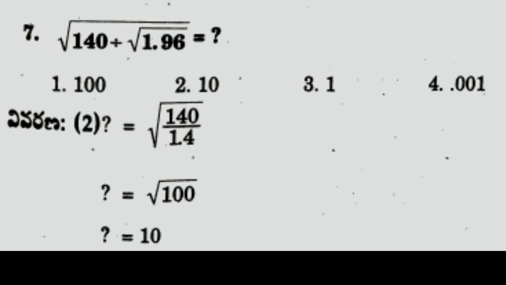The root value of 1.96 is 1.4. So under root of 140 by 1.4. Next, 1.4 into 100 is equal to 140. So the value is under root of 100. Under root of 100 value is 10.